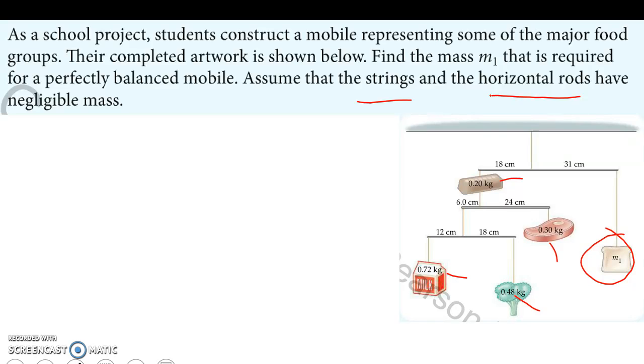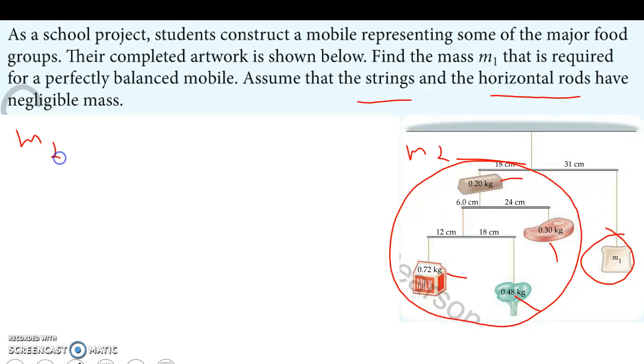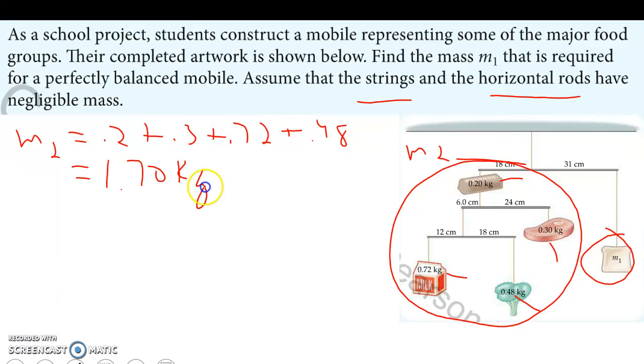So the first step is, if this is M1, I'm going to take all of these masses here and make them M2. So M2 is going to be equal to 0.2 plus 0.3 plus 0.72 plus 0.48. And when I add all those together, I get 1.70 kilograms. So 1.7 kilograms is what I get for the mass of all these objects.